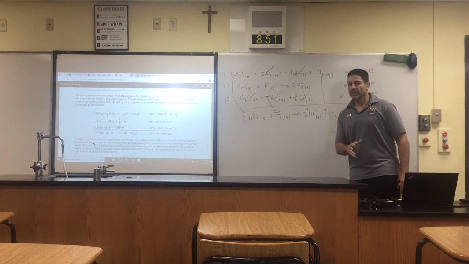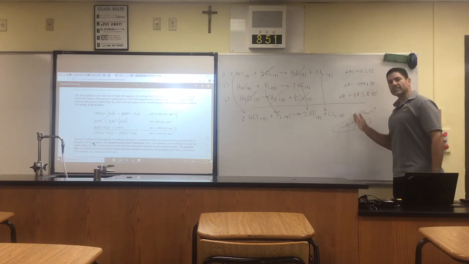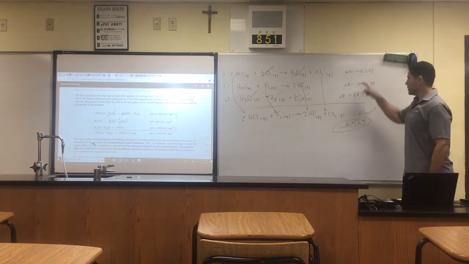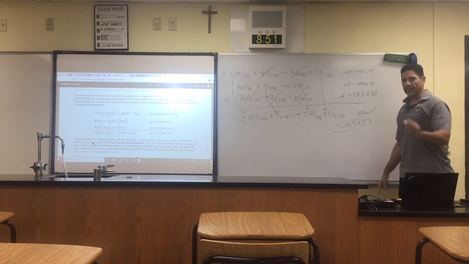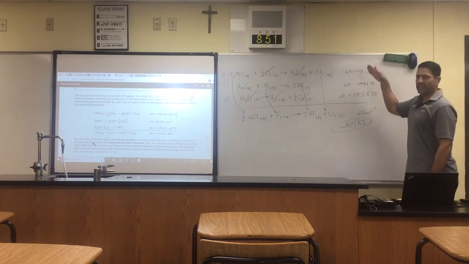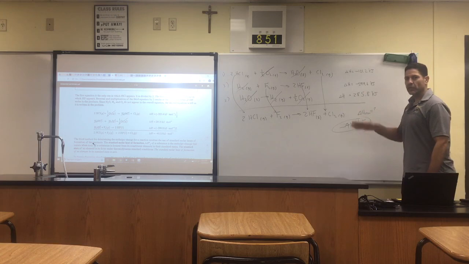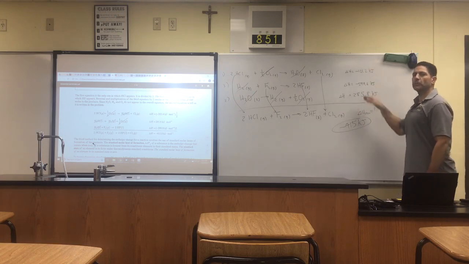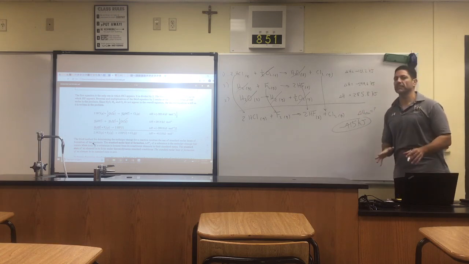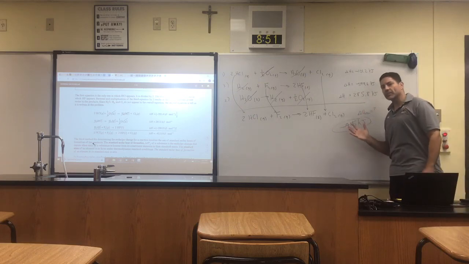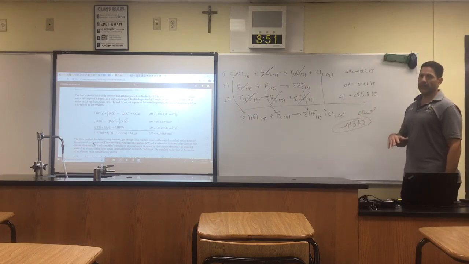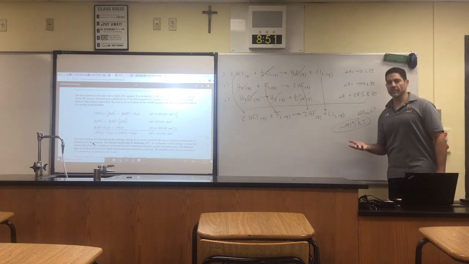And finally, once you have all your delta H's in thermodynamics, you simply add them to get an answer. In equilibrium, let's say you have K1, K2, K3, you don't add them, you multiply them together. That's a huge difference. So I'll repeat that. For thermodynamics, you add the delta H values. In equilibrium, you would multiply the K values.